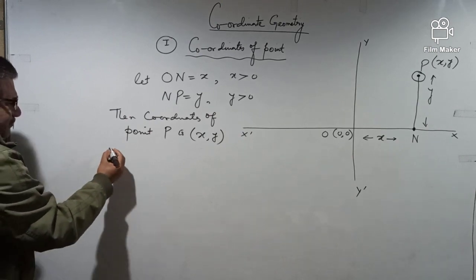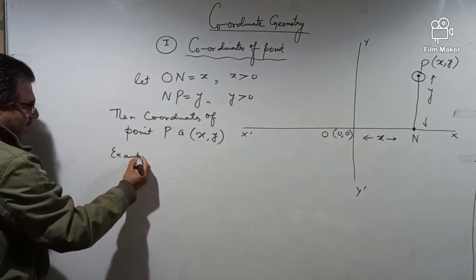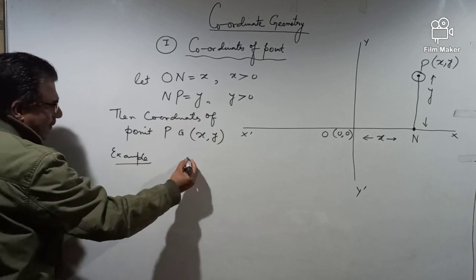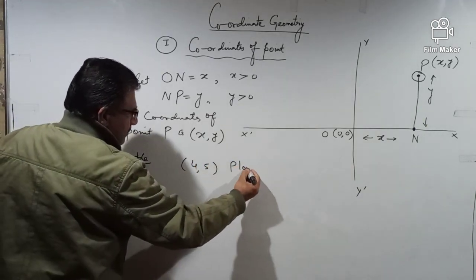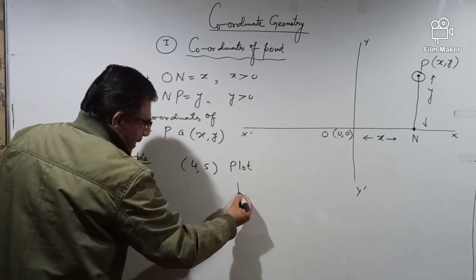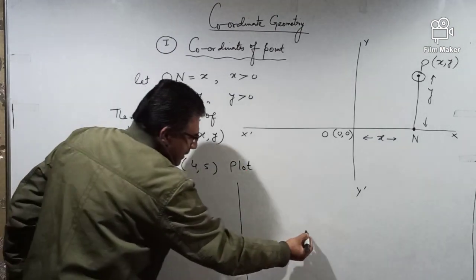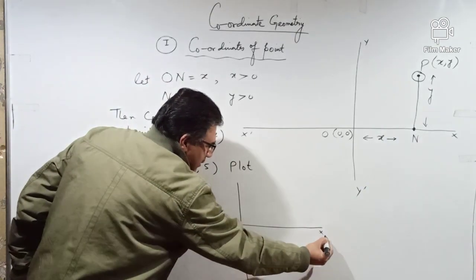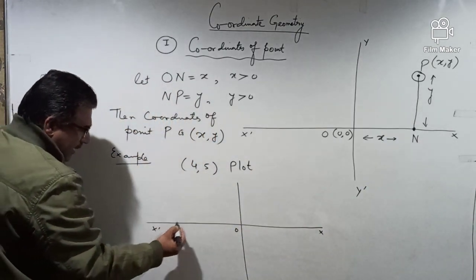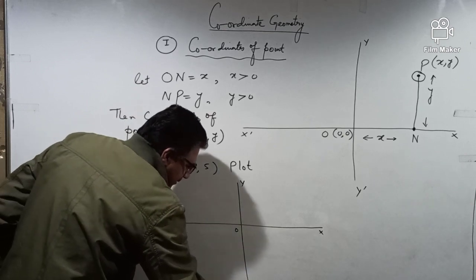Now example. Suppose I have 4, 5. I'll plot this. Say I again take x-axis and then y-axis. This is x, O, x dash. This is y, O, y dash.